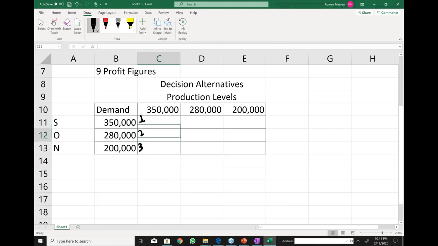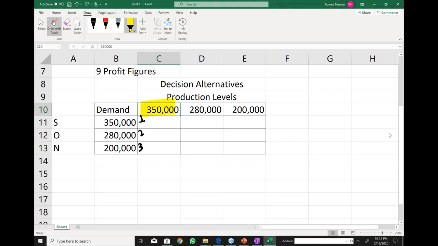Let's do the workings vertically. So you start with the first DA, and this DA is 350,000.